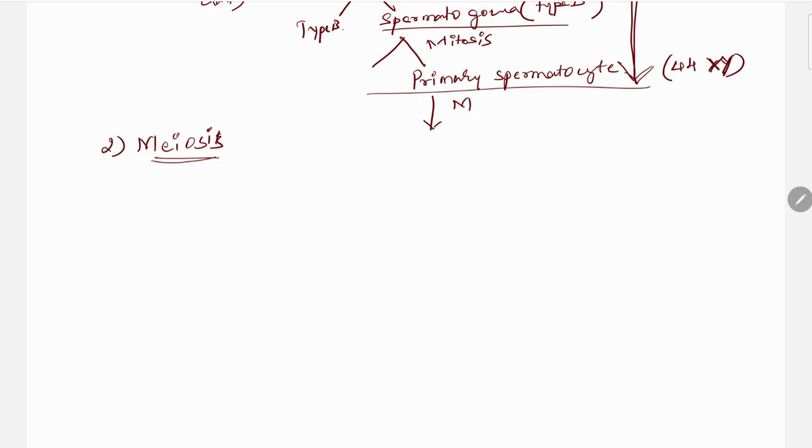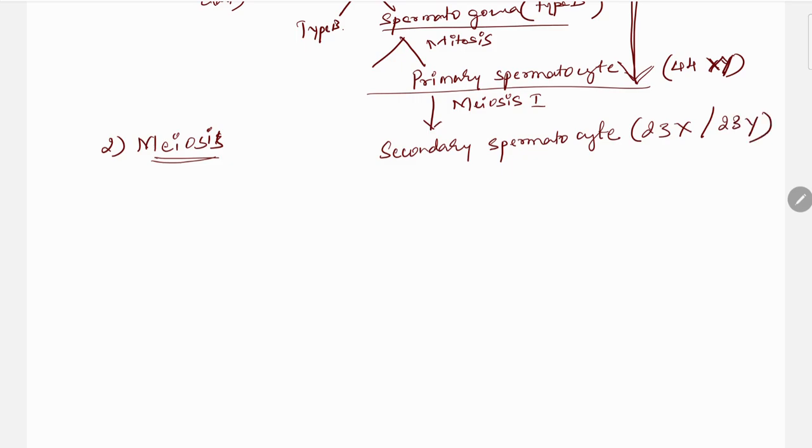So first, meiosis 1 is going to happen, a reduction of the chromosomes but not the DNA. We will discuss this in detail later. Then it is going to form the secondary spermatocyte, which has how many chromosomes? 23X or 23Y, either, right?